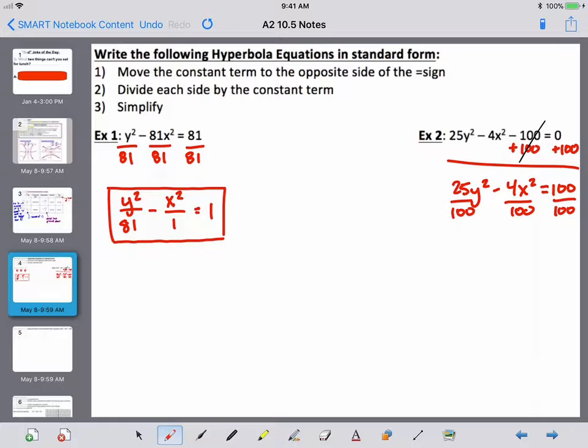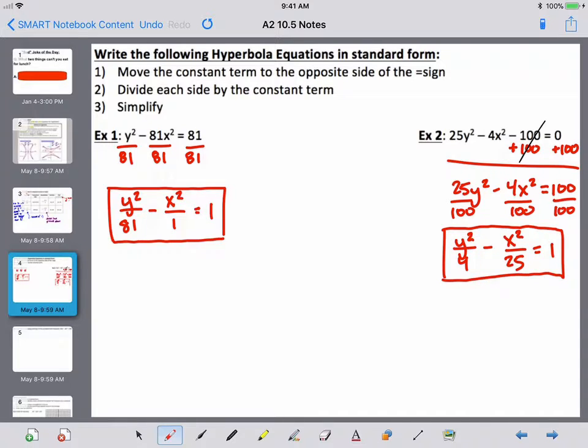And then we just simplify the fractions. So 25 hundredths is the same as a quarter, so we simplify this down to y squared over 4. 4 hundredths is the same as 1 twenty-fifth, so we'll simplify this down to x squared over 25, and now that equals 1. We have our equation in standard form.